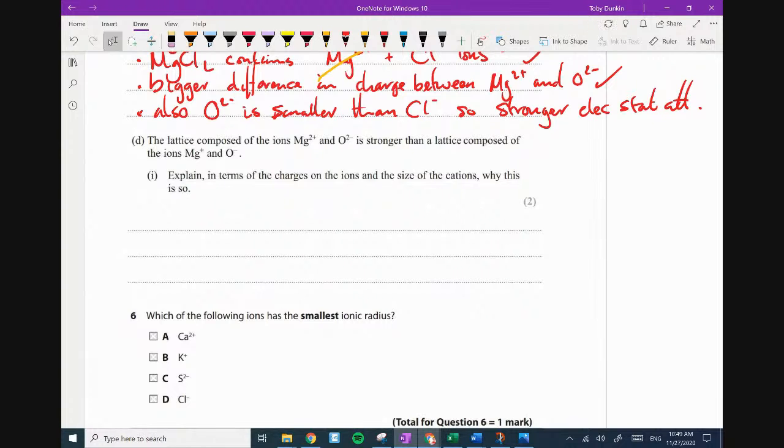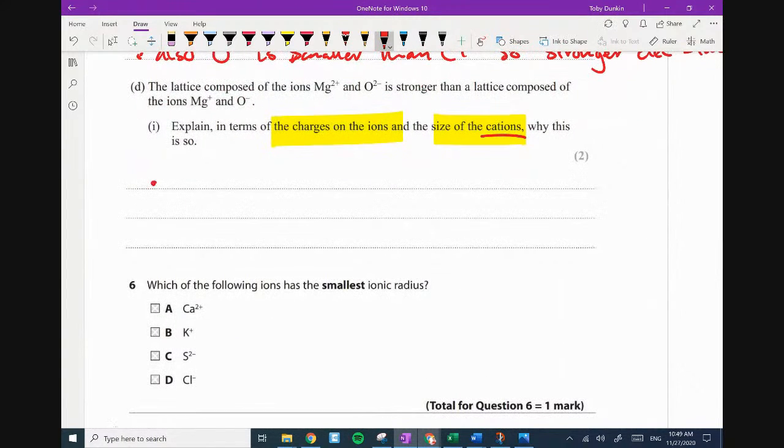Okay, explain in terms of the charges on the ions and the size of the cation. Oh, isn't that interesting? That's weird. So the question is being very specific. Explain in terms of charges on the ions and the size of the cations, specifically focused on the cations, why this is so. Okay, two bullet points.